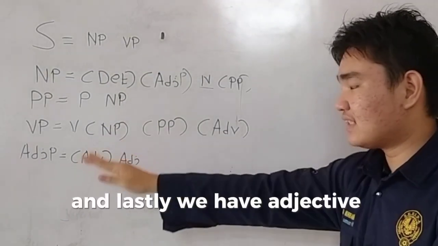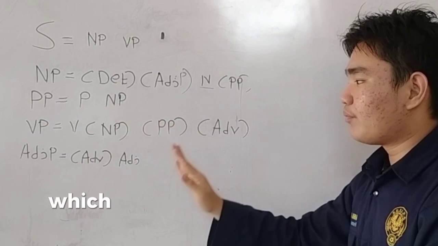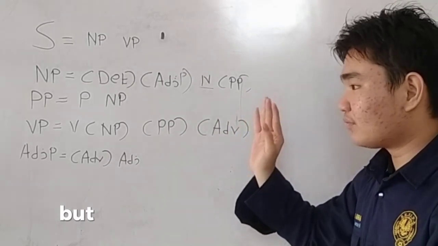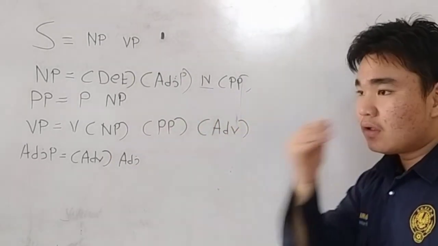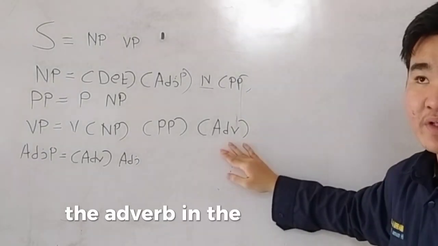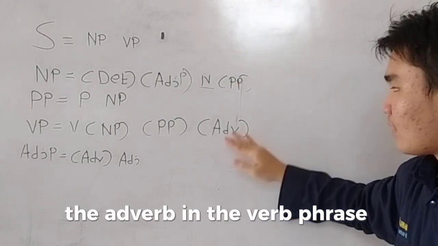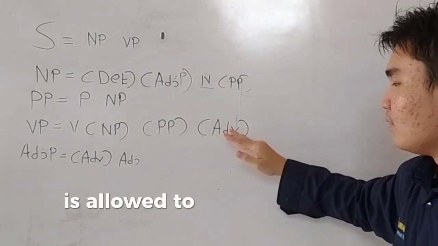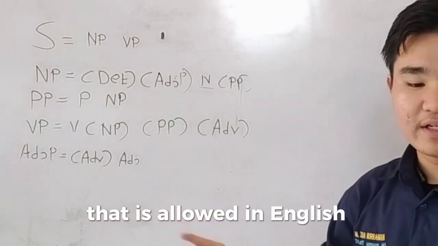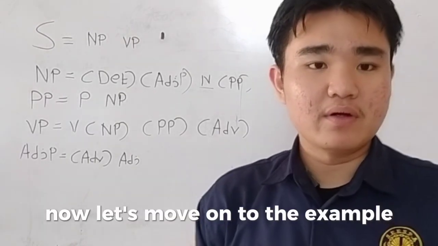And lastly, we have adjective phrase, which minimally consists of just an adjective, but you can also add an adverb. Oh yeah, and there's one thing I forgot to mention. The adverb in the verb phrase is allowed to come before the verb, that is allowed in English. Now let's move on to the example.